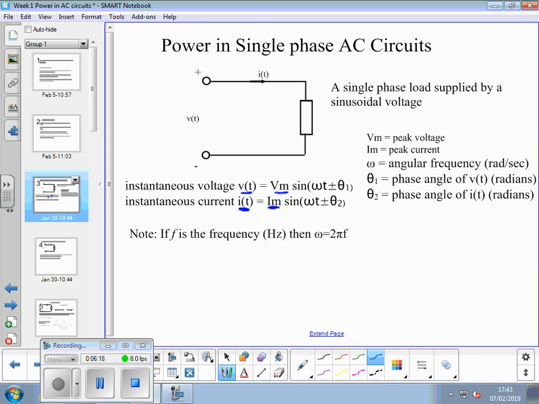So we got Vm as peak voltage, Im as peak current. This funny looking thing like a W is actually lowercase omega, and that is the angular frequency in radians per second. Anytime you're working with values that include omega, you must have your calculator in radians mode.